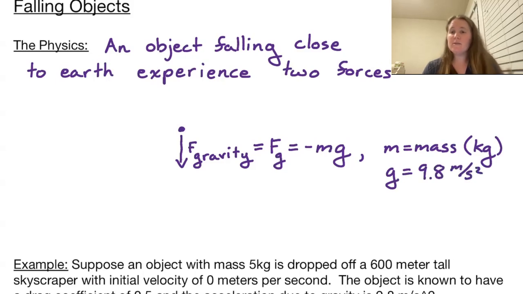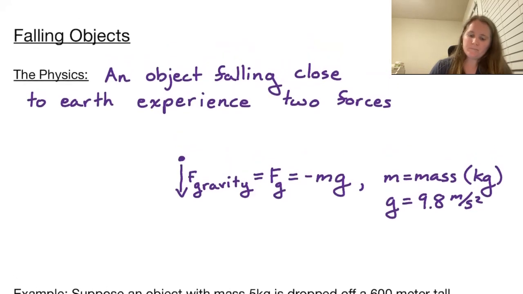The negative is because I'm taking downward to be the negative direction. So the force due to gravity should wind up being negative m times 9.8.